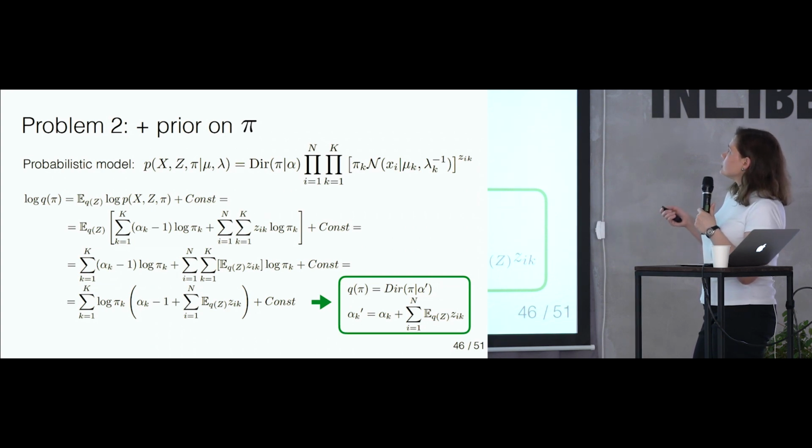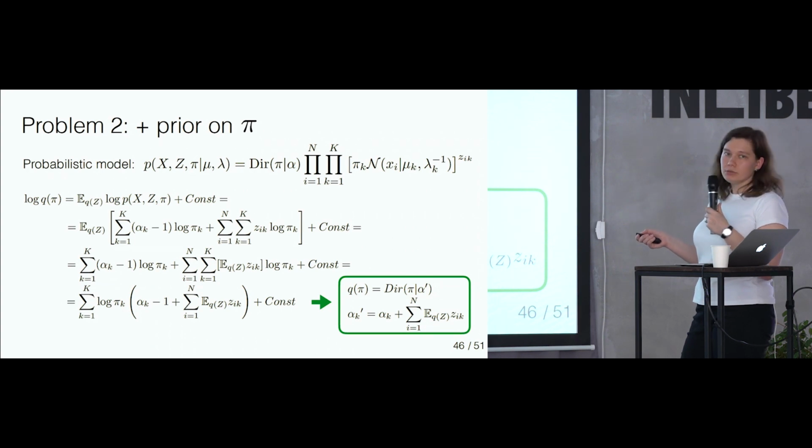I don't write down the normal distribution here because it doesn't depend on P, and we want to find the distribution on P. So we just care about the part which depends on P. Then again, we put our expectation of Q of Z inside the sum, to the only part which depends on Z, Ik.